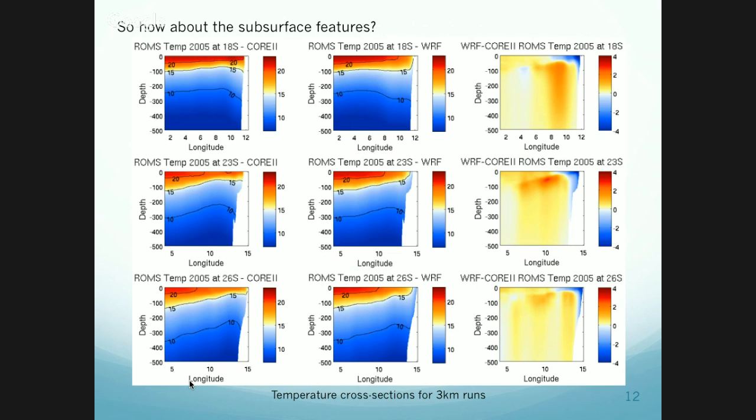Okay, I'm also confused though. Is it temperature or temperature difference? No, this is the actual temperature. These two are the actual temperatures, and this one is the difference between WRF and CORE 2. That's why this scale goes this way. This dash is not a minus sign, it's another type of line. So this is actually the actual temperature field, and this is the difference.